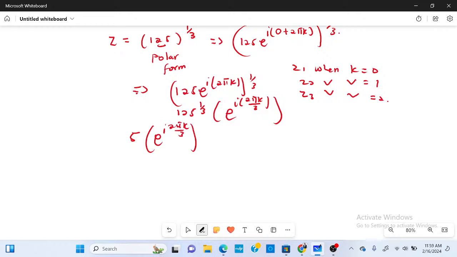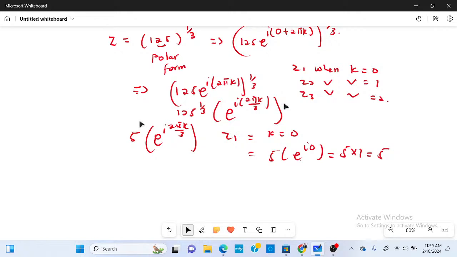So z1, when k is equal to 0, is simply equal to 5 multiplying the expression e to the power i 0. If this is 0, everything here will be 0. e to the power 0 will give me 1, and this will simply be 5 times 1 equals 5. So the first root of the equation is simply 5.